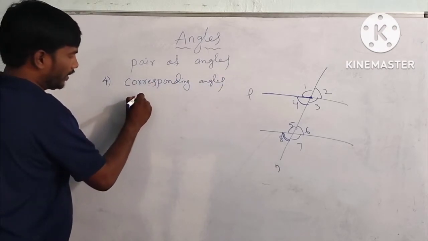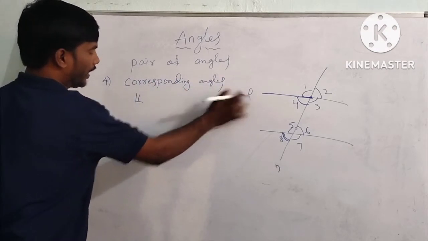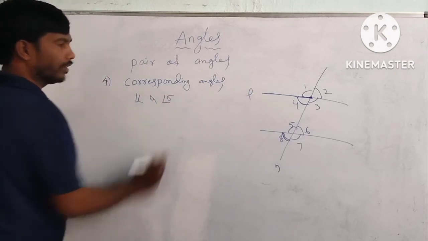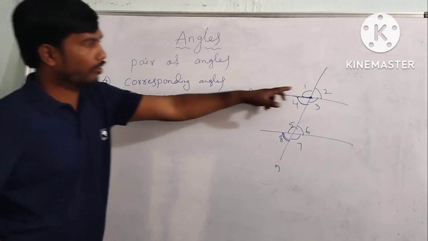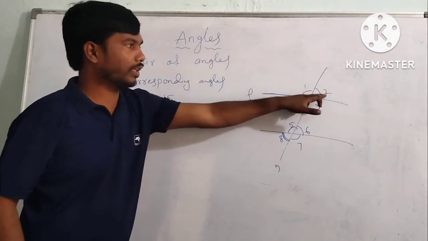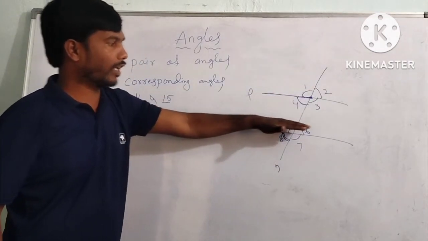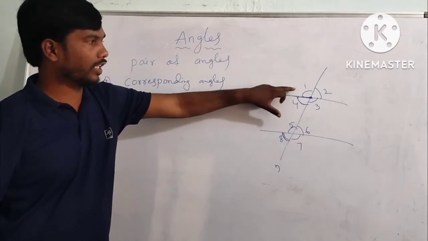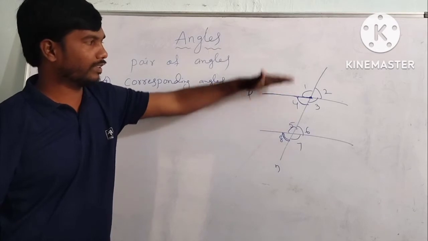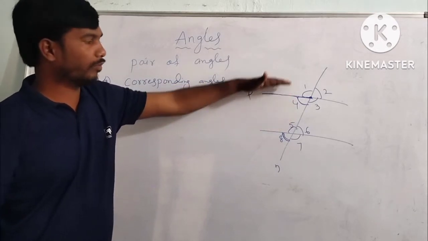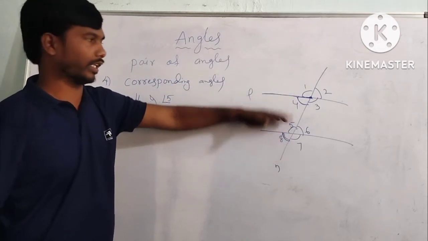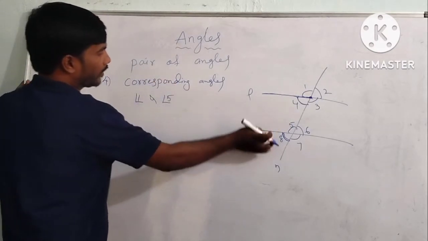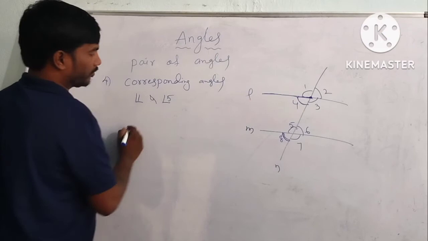So 1 is upside of line L, 5 is also upside of line M. Sir, 1 and 2 are both also upside of the line, no? 5 and 6 also both upside of the line. But here the condition is that both need to be on the same side of the transversal, and both either upside or downside. So 1 and 5, both of them are upside of the lines and on the same side of the transversal.